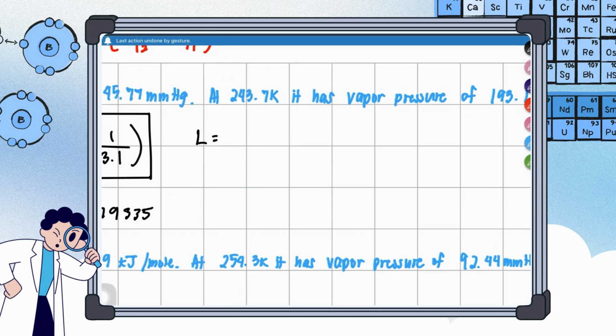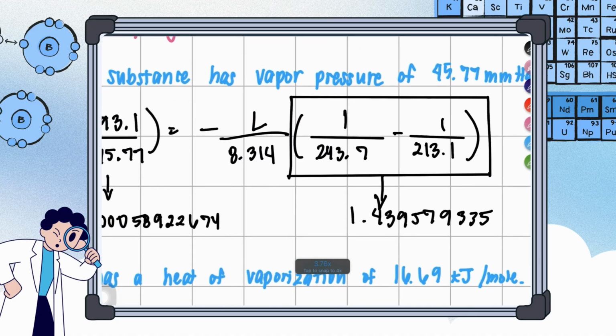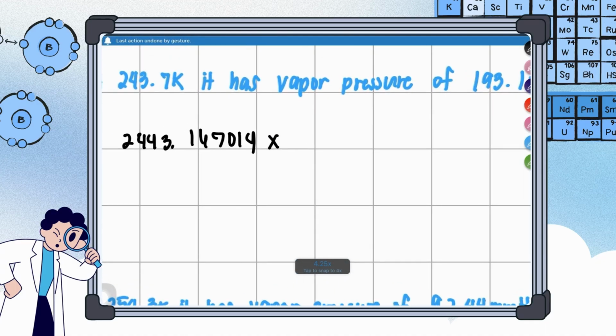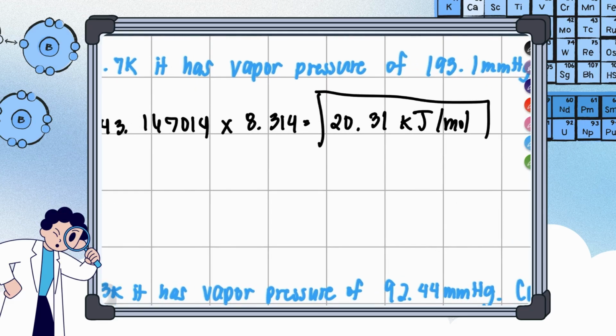So the value we will get is 2443.167014 times the R constant, because it is found at the denominator, so you have to multiply in order to cancel out. And we will get 20.31 kilojoules per mole for number 1.